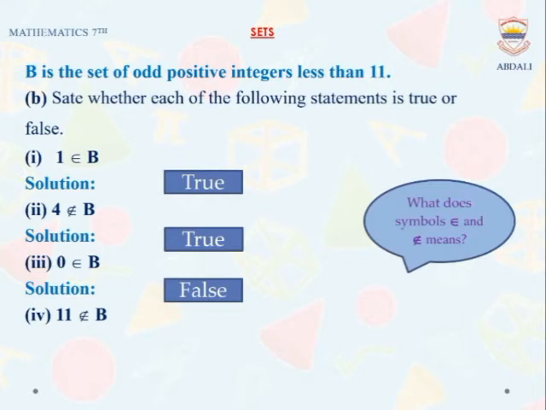That's why it is not a part of set B. So they have written that 11 does not belong to B. So our solution is true because yes, 11 does not belong to B.